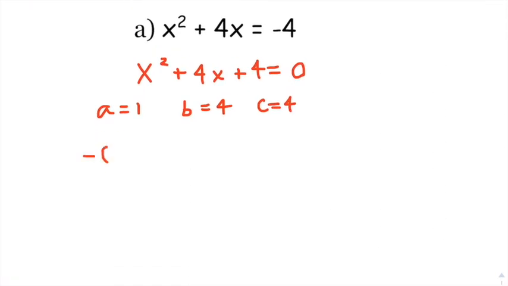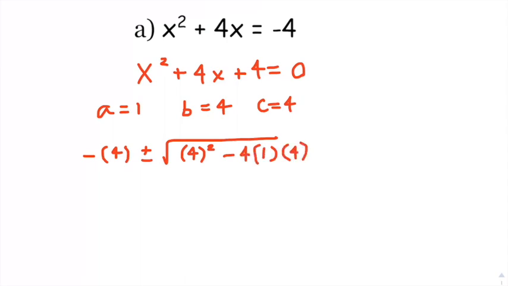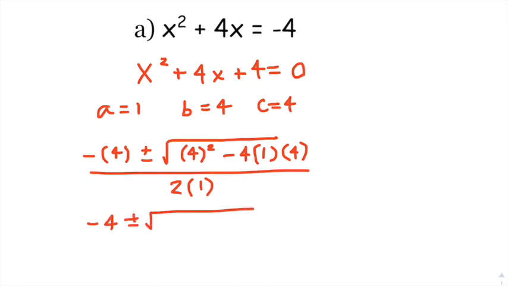Okay, and then we're going to plug into the quadratic formula, -b. So -4 plus or minus square root of 4 squared minus 4 times A times your C value 4, all divided by 2 times 1. So I'm just plugging into that formula right there. So that's -4 plus or minus 4 squared, which is 16, and then minus 4 times 4, which is also 16, all divided by 2.